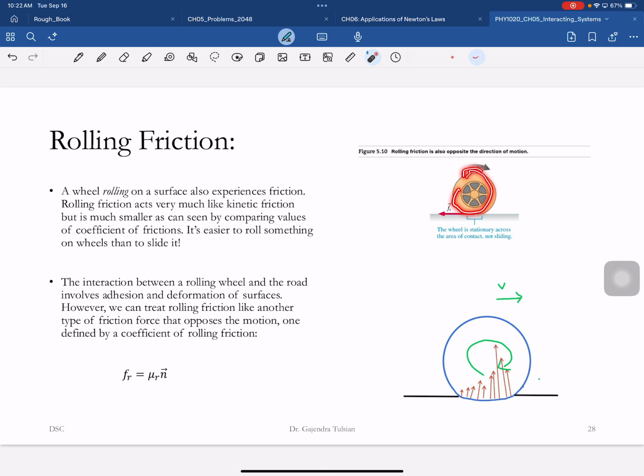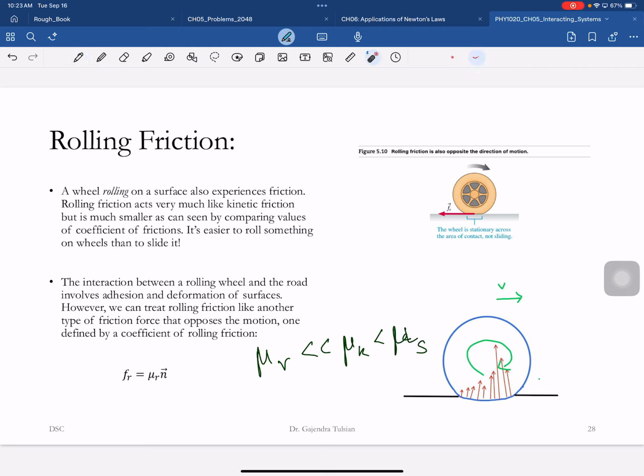When a wheel rolls, the wheel deforms, and you see there are these greater normal forces, and a result is a rolling friction force in the opposite direction. Except that the rolling friction force, this number, mu r, is very small compared to the kinetic friction force, which is smaller than the static friction force.